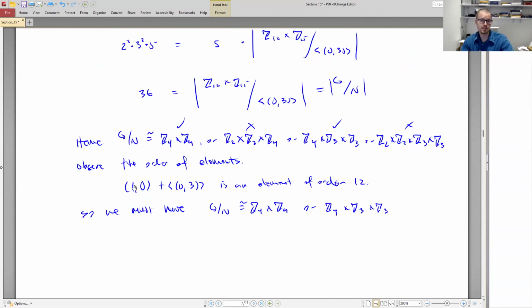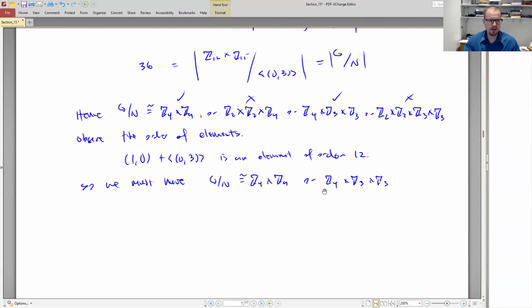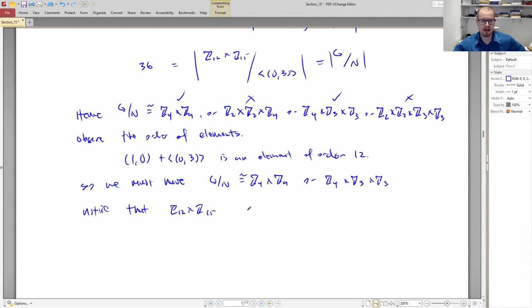Some elements will have a smaller order, but that order is going to be divided by 5 or a multiple of 5. And therefore, we notice that our original direct product, Z12 direct product with Z15, has no elements of order 9.